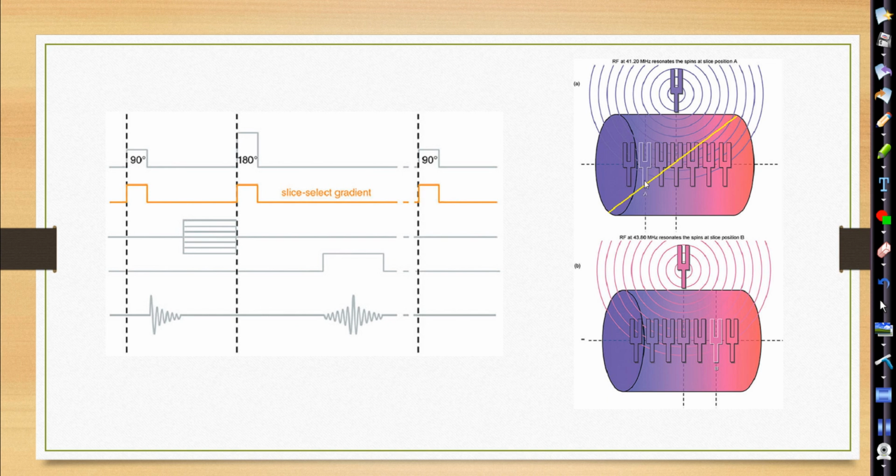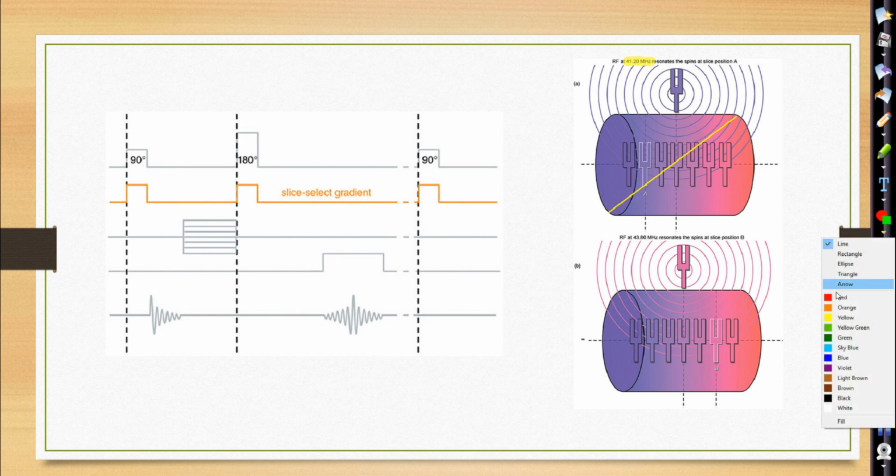If you had to predict a precessional frequency, what do you think it would be? Just give me a number. 38. What they had, see, it's up here, was 41.2 megahertz. That's what was applied. It excited that particular slice, and only those hydrogen spins are flipped into the transverse axis.